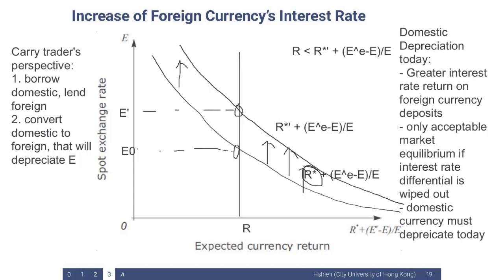Only acceptable market equilibrium if interest rate differential is wiped out. So that means that domestic currency must depreciate today. Right? It must depreciate today so that it can appreciate more in the future. Right? That's what it's saying.